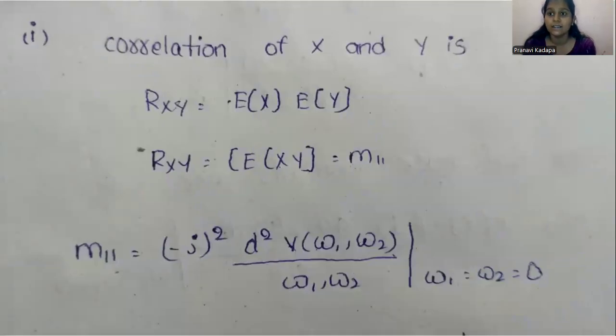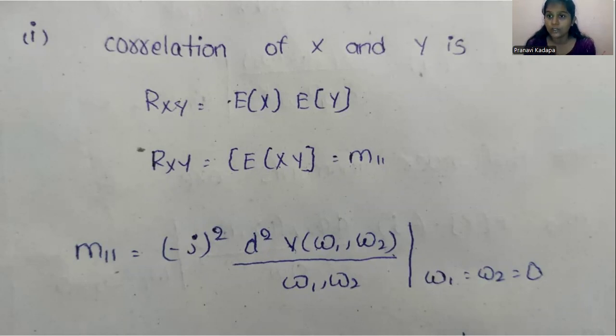So let's see the next question, that is the correlation of X and Y. We found the mean of X and Y. Now we are going to find whether the two random variables are correlated or not. The correlation formula is R XY equals expectation of X into expectation of Y. Here the expectation of XY equals M11.